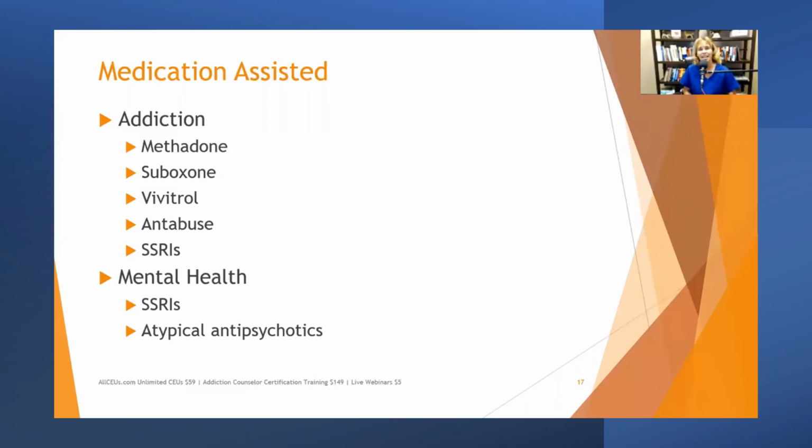Atypical antipsychotics and tricyclic antidepressants are also out there and can help with moderating anxiety, depression, and in some cases, bipolar disorder. Now, if somebody has bipolar disorder and they start taking an SSRI, it may trigger a manic episode, which is why some doctors will put them on a mood stabilizer and an SSRI.